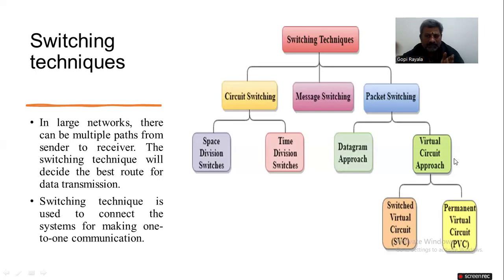Then someone else's signal came to this switch, and at that time my process is going on with channel one, and the next channels are free. One, two, three, four channels are there, and the next channel is free. Then the switch will organize that signal to go in the second channel, but not in the first channel. That is the main advantage of installing a switch in the computer network.